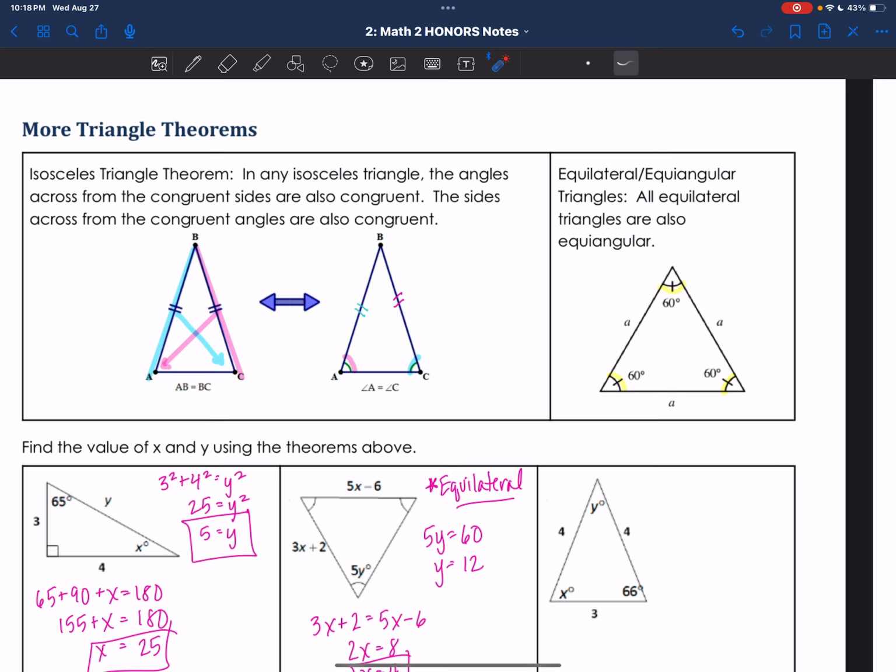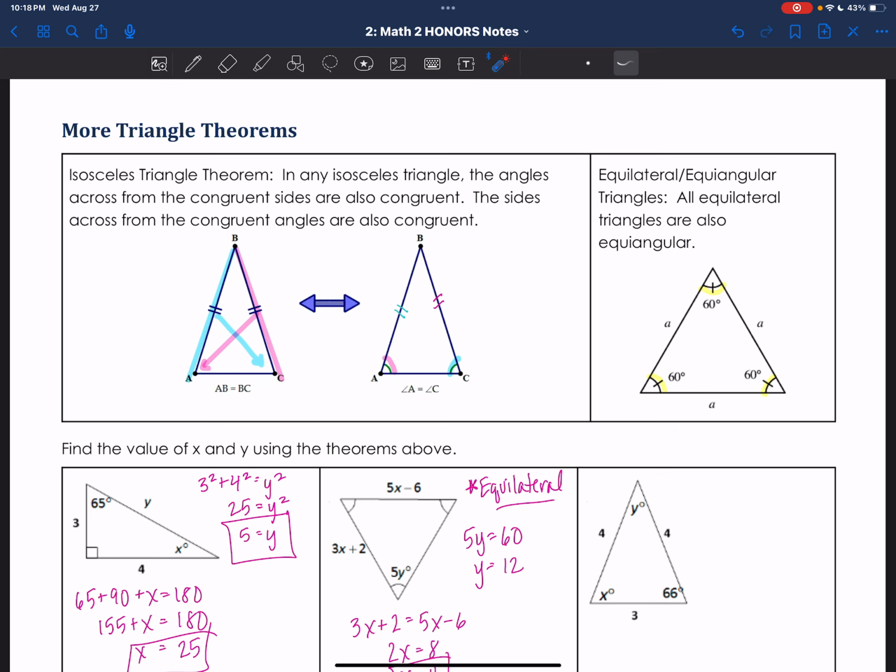All right, another triangle theorem is that in an isosceles triangle, the angles across from the congruent sides are also congruent. So remember, the angle that's across from the side is associated with it. Same thing here.